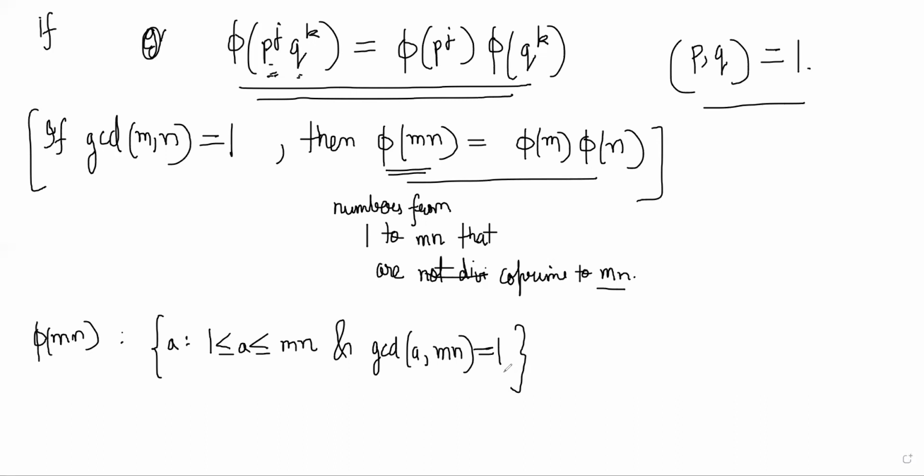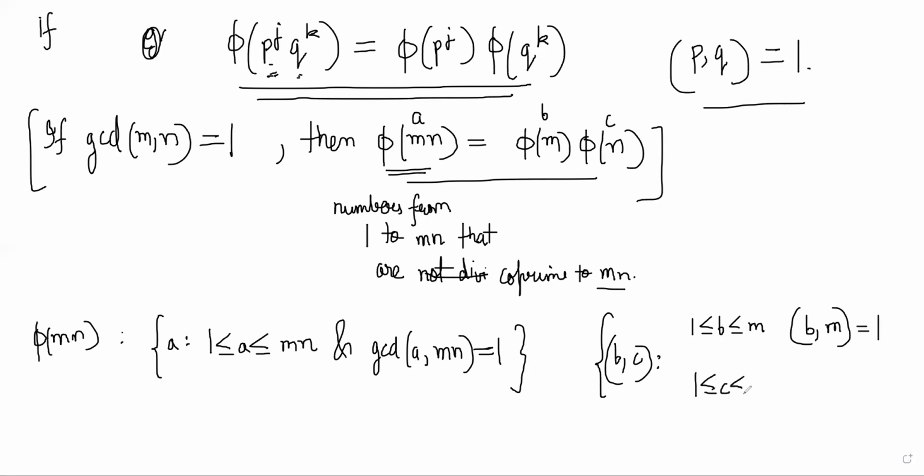The second set is, if this is called A and this is called B and this is called C, the second set is pairs of numbers B, C such that 1 is less than B is less than M, and B, M GCD is 1, and 1 is less than C is less than N, and C, N GCD is 1, right?